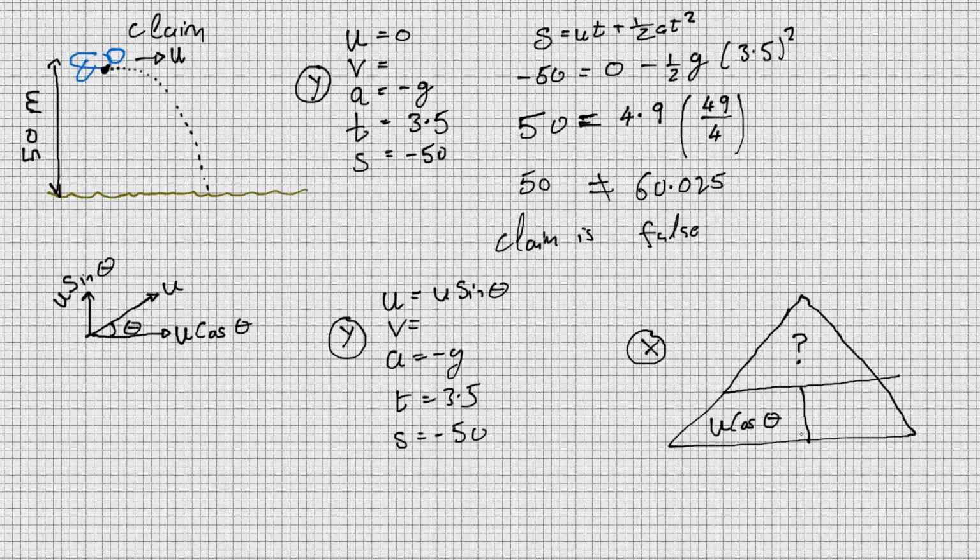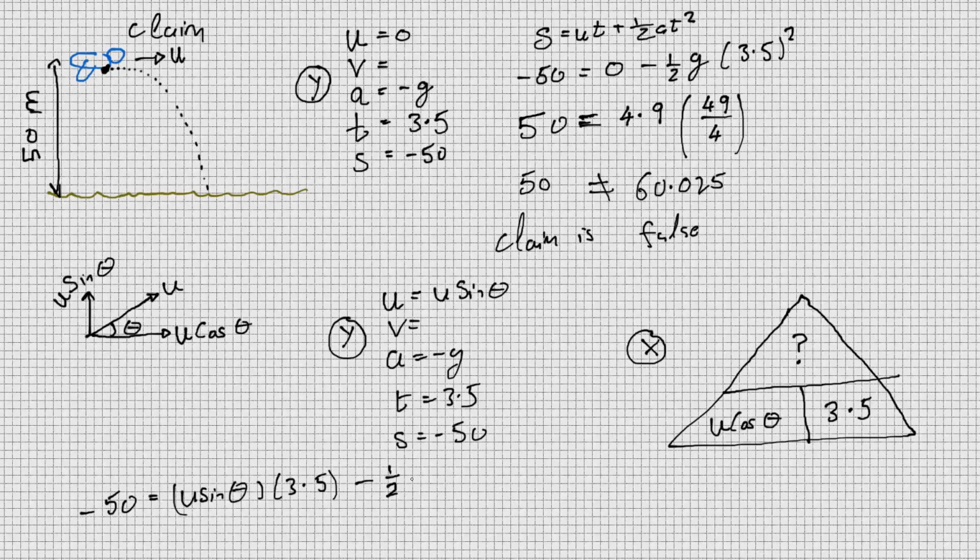Right, so let's form some equations here. Let's see what we can say here. So again, we want to try and avoid the one that has the v in it because we don't know the v. So we can say s equals u t plus a half a, so that's a half g, t squared, so that's 3.5 squared.